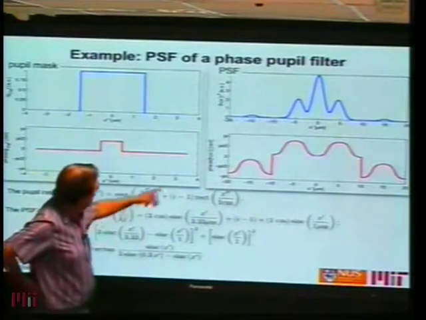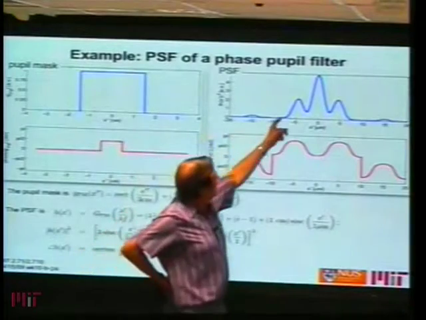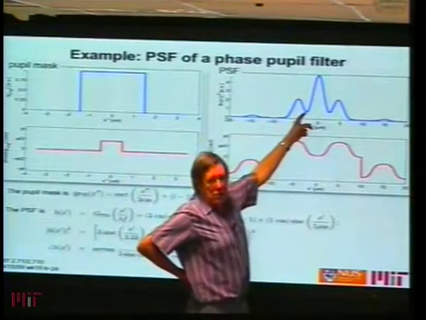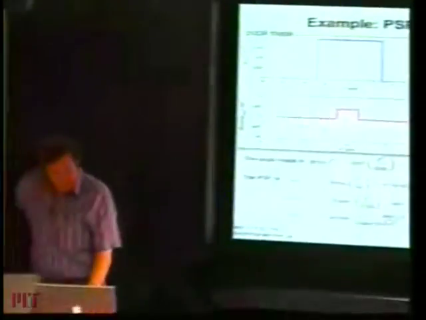Right, so this is the modular square of the point spread function. So these side lobes are actually quite huge, quite big. Okay, that's just looking at the difference between the two then.